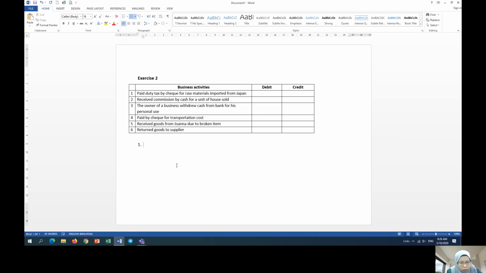One is for expenses, and the expenses is for duty tax, and the other one is check because we are making the payment via check, so it will involve our cash at bank.